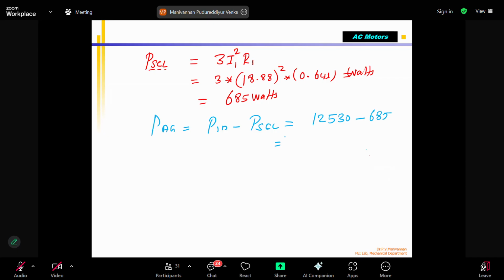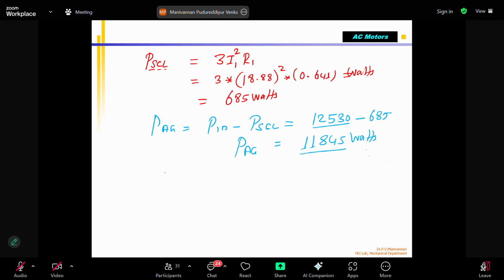So from this, you can find out it is 11,845 watts is the power transferred through the air gap to the rotor. Okay. So already you can see the power transferred is less than the input power. Input power is 12,530. The power transferred to the rotor as a magnetic flux is only this much.